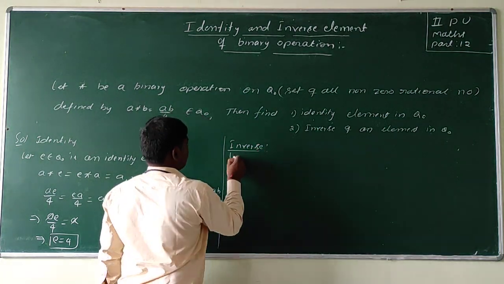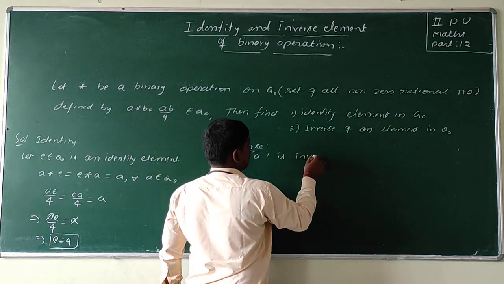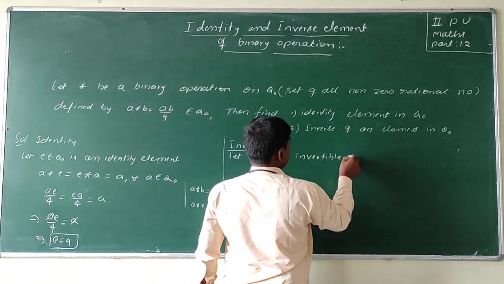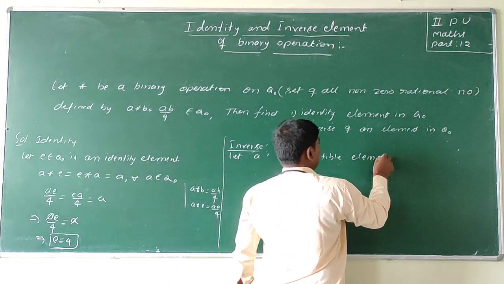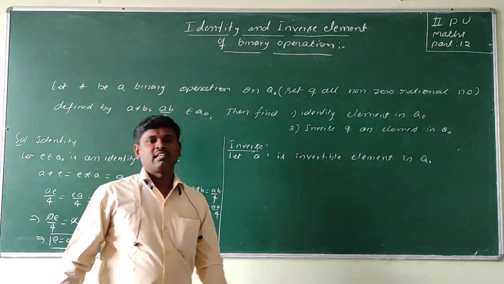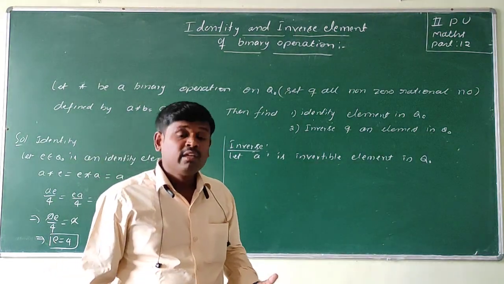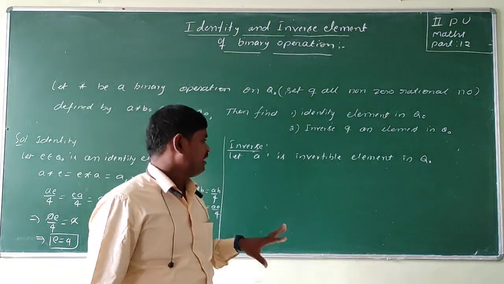Okay, so next, inverse. Let A be an invertible element in Q naught. So A is invertible, which is given, so the inverse of A exists.